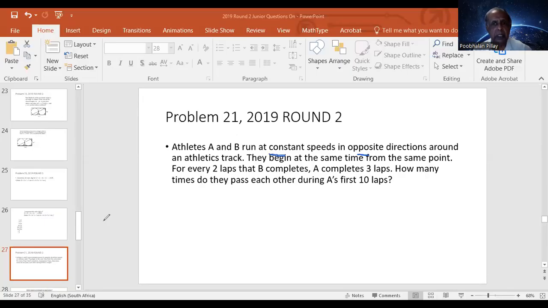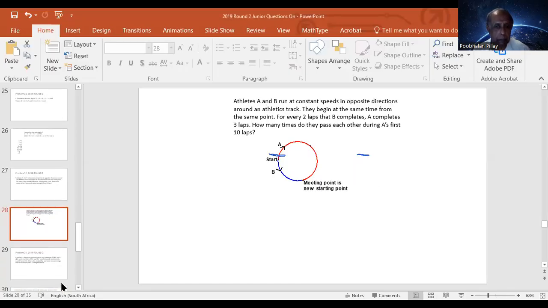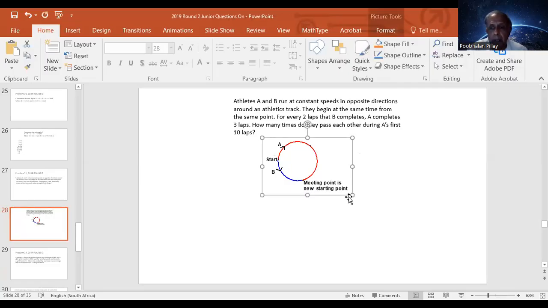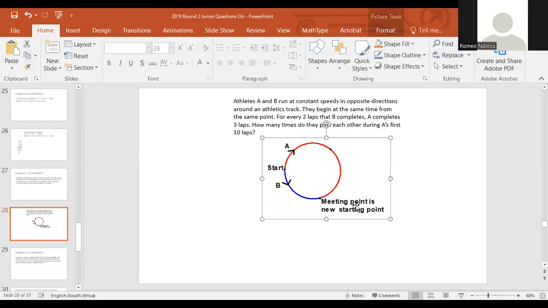Okay, let's put this in the form of a picture. Let me just make this a little bit larger. Here I'm assuming they're traveling around in a circle.